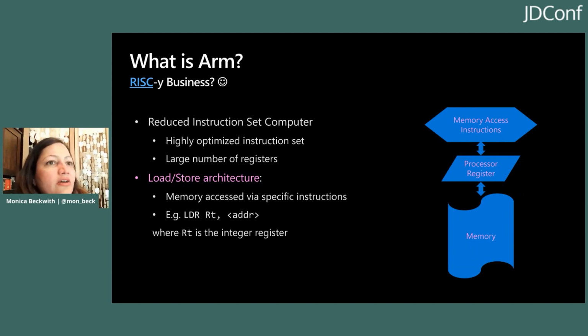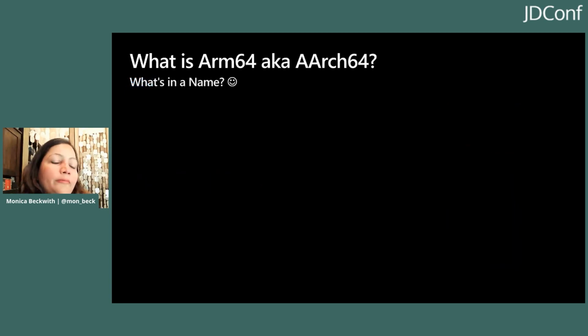With that, let's talk about Arm64. Throughout this presentation, and actually in the wild, you will hear the terminologies Arm64 and AArch64. AArch64 is actually the new 64-bit ISA, the instruction set. And when we talk about Windows, we talk about Windows on ARM, because there's no such thing as Windows on ARM64.